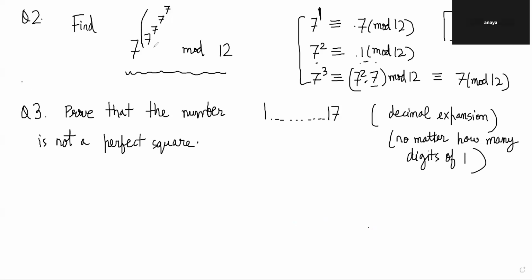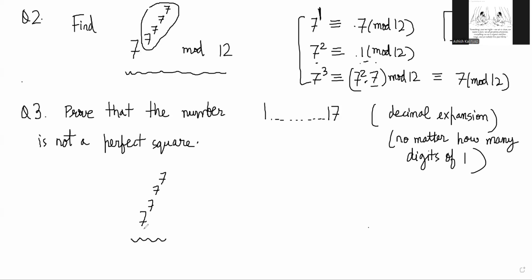So think about it, 7 power 7 power 7 power 7, whether it is even or odd. We just need to figure out whether it is even or odd.